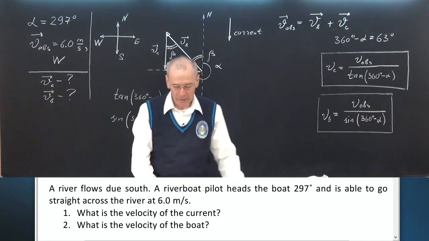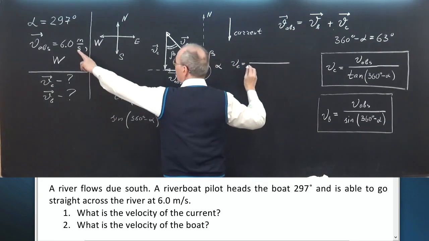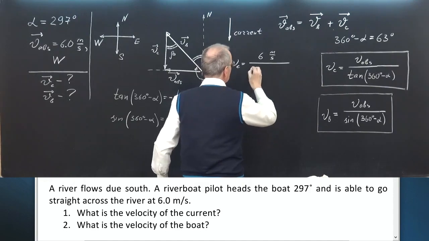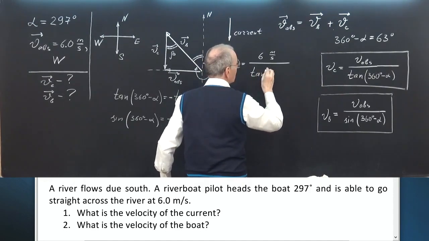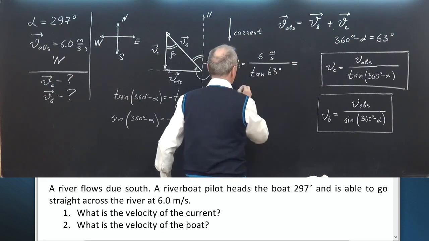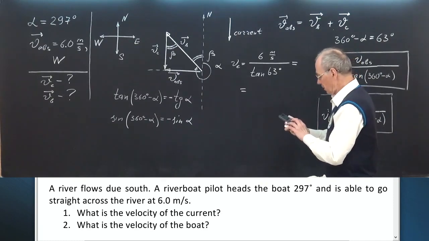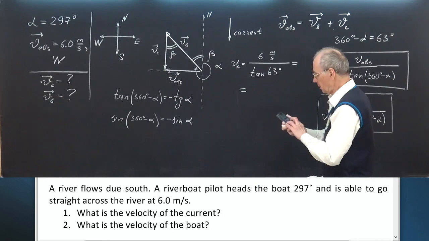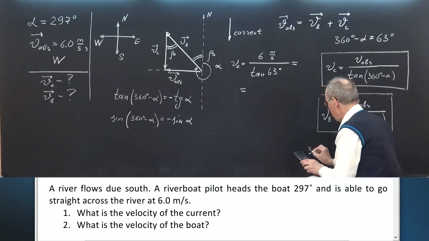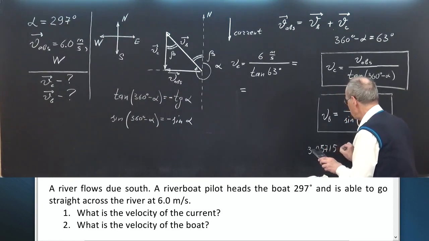So we can write V current equals V absolute, 6 meters per second, over tangent 63 degrees equals 6 over tangent 63 gives 3.05715 and so on.